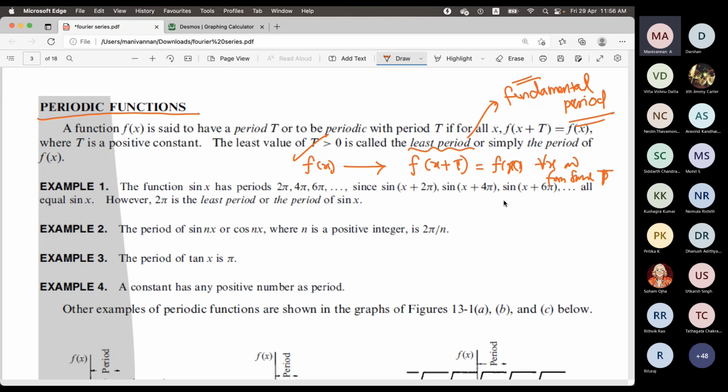If you look at the graph of the sine function, my graph is not exactly mapped, but this is the idea. If you assume this point to this point, 0 to 2 pi, is a period of 2 pi, and 2 pi to 4 pi is also a 2 pi gap.